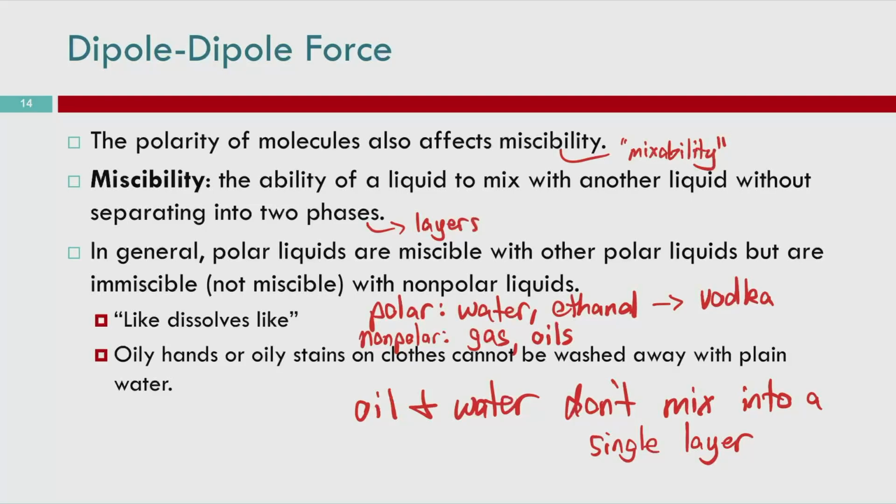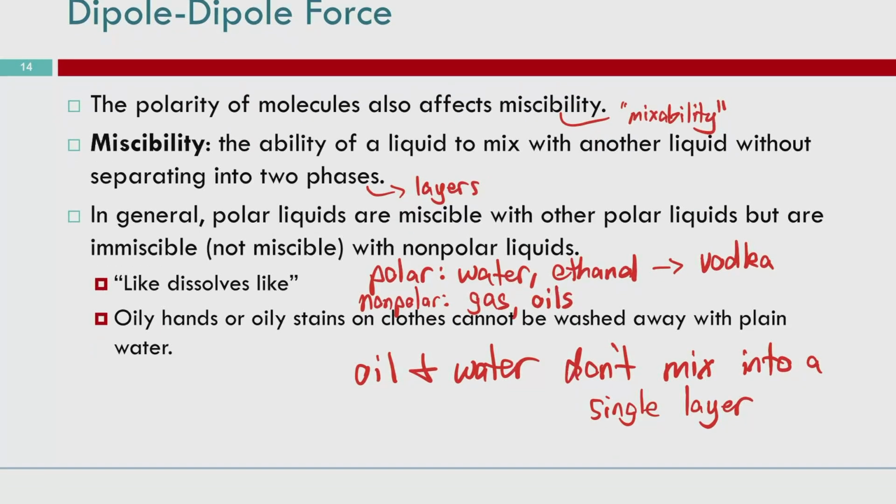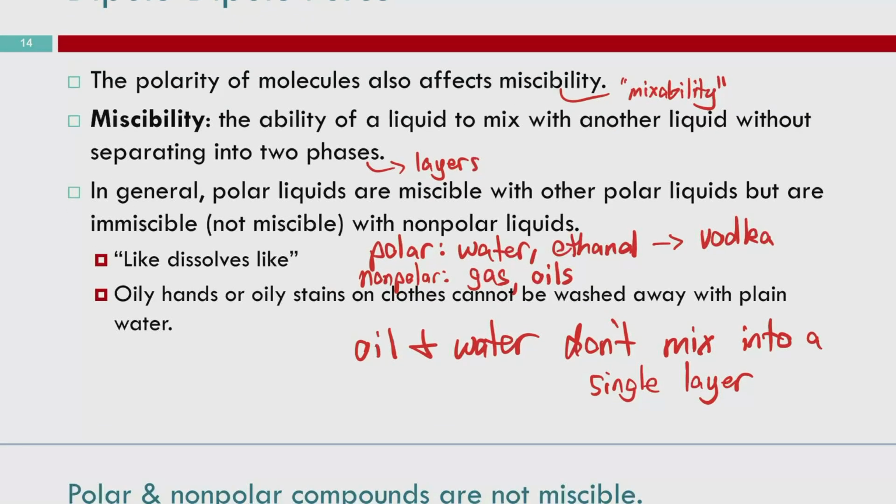You always have to shake them up before you use them because the oil will separate out to the top and the water part, and a lot of the flavor and vinegar and stuff, will be on the bottom. So a lot of salad dressings you have to shake before you use them because they won't be in one single layer. The way that you can overcome that, like if you have oily hands or oil stains on your clothes, is that you add soap and that acts as an intermediary and gets the two to mix together.